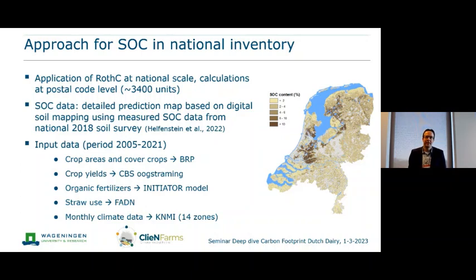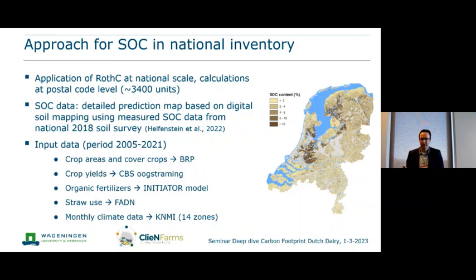We did a similar exercise for the Netherlands to include the dynamics of soil carbon for cropland and grassland soils, where again we used the RothC model, but now at a spatially explicit scale for postal code regions, about 33,400 units in the Netherlands.